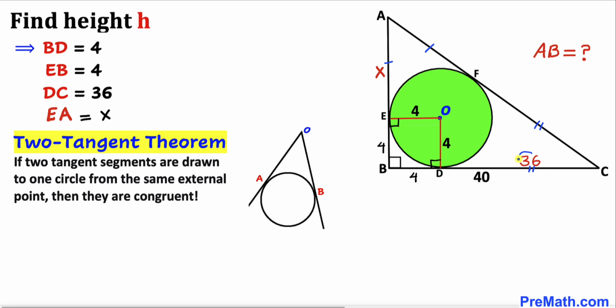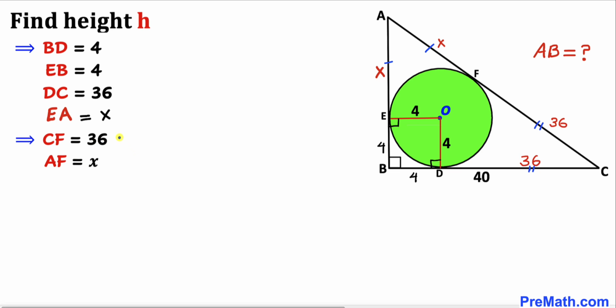If this tangent is 36 units, this has got to be 36 units as well. And likewise, if this is x units, then this is going to be x units as well. So therefore, this line segment CF is 36, and this line segment AF is x units.